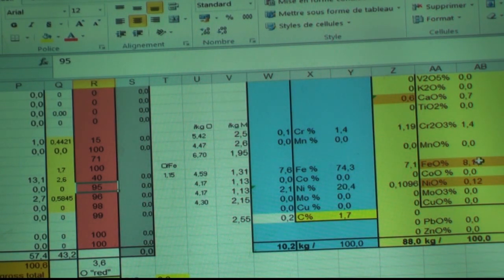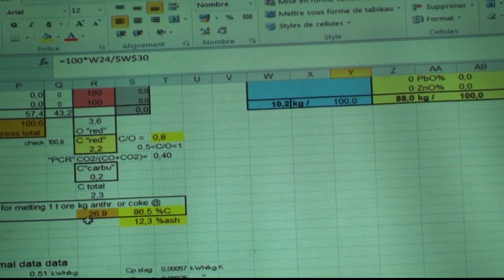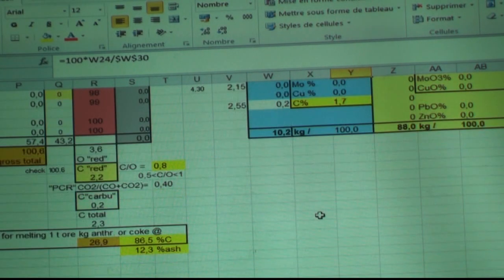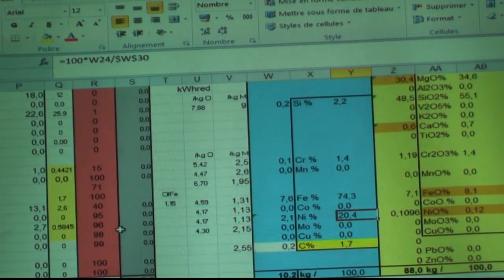But of course, I have more Fe in the slag. And look, here I have a good final product. And I need 26.9 kilos of coke.